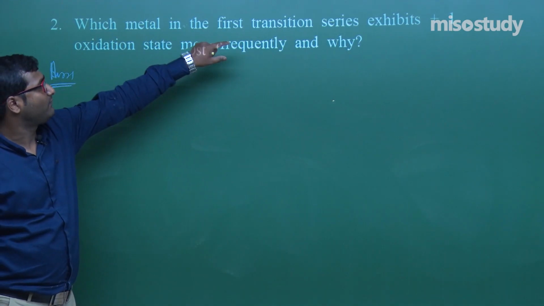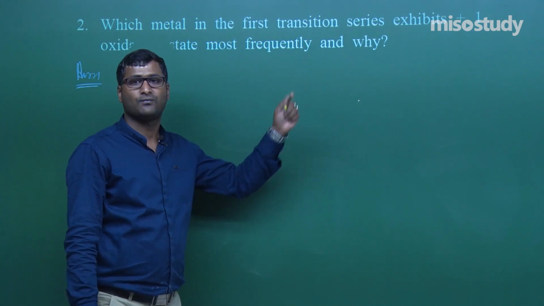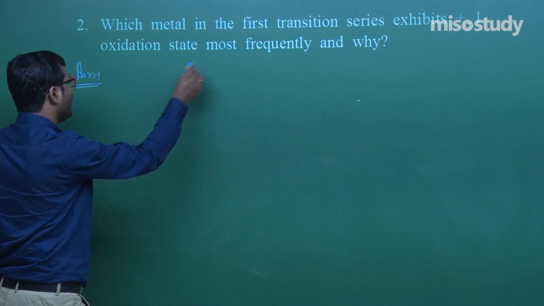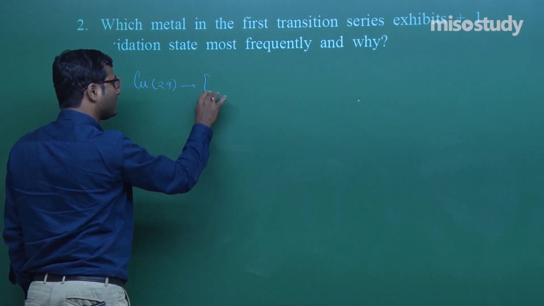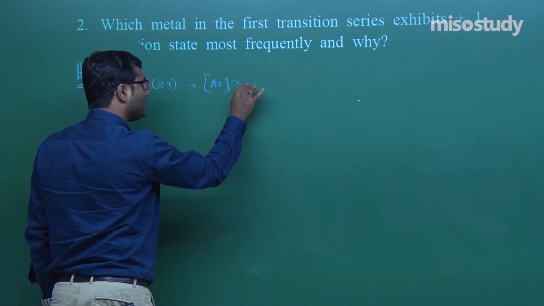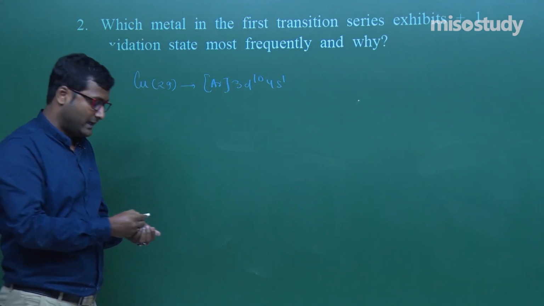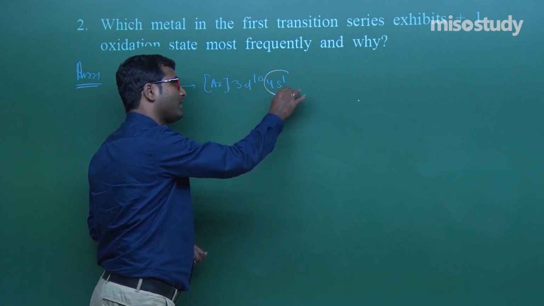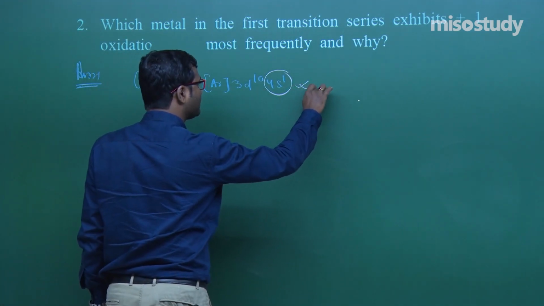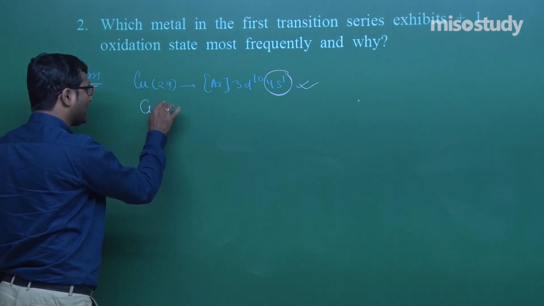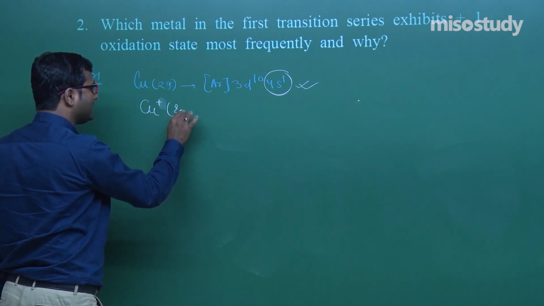Which metal in the first transition series shows the +1 oxidation state most frequently? As we know, copper, atomic number 29, has electronic configuration argon 3d10 4s1. Now, it has only a 4s1 electronic configuration, so it can easily lose this 4s electron and convert to Cu+.